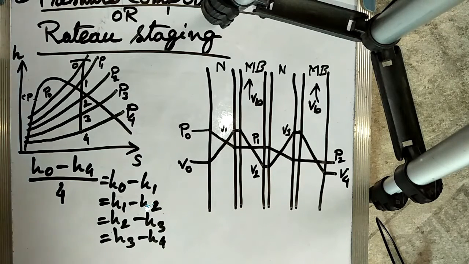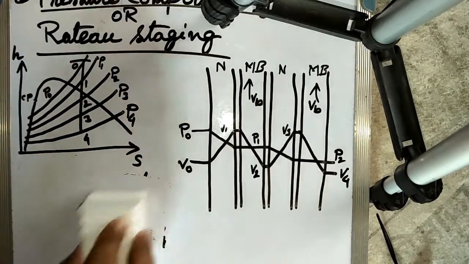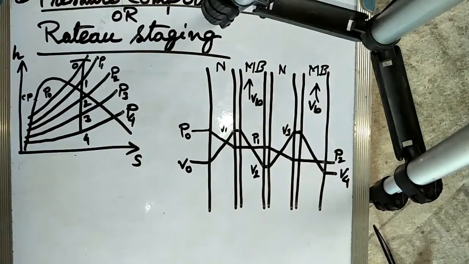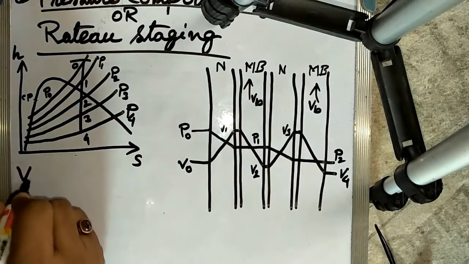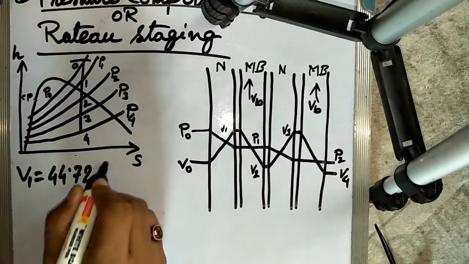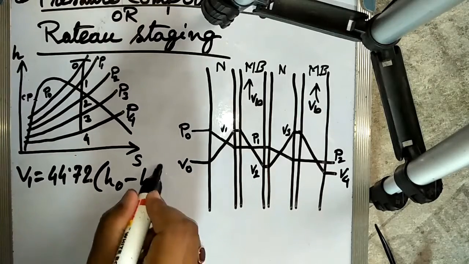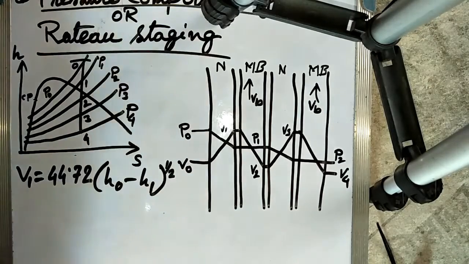So the velocity of steam at the exit from the first row of nozzle, that is V1, is equal to 44.72 into (H0 minus H1) to the power half, or root over this thing.